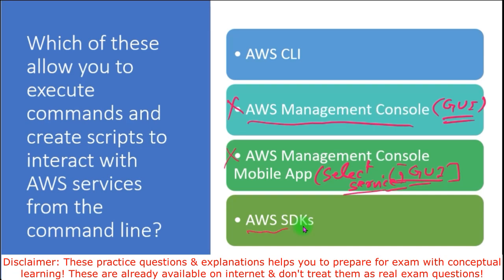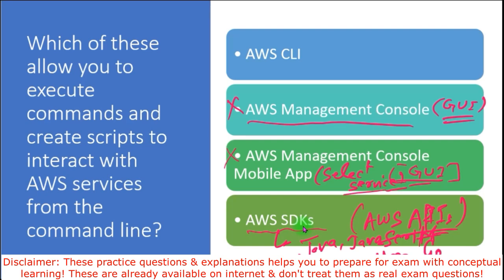If we talk about the AWS SDK, it helps us manage AWS services through a programming language. We can write our code in Java, JavaScript, Python, or Go, and we can use AWS APIs within our application to access or manage the AWS services. We need to integrate it in our applications.